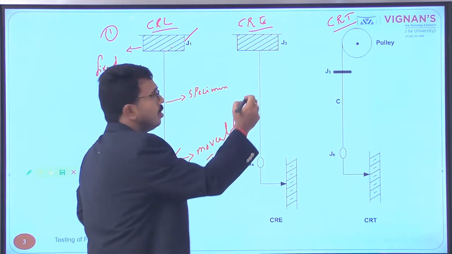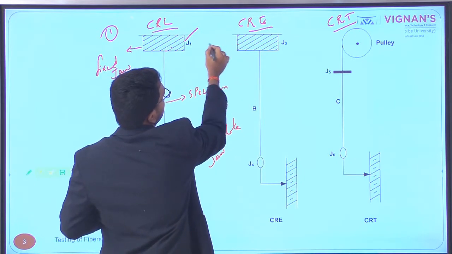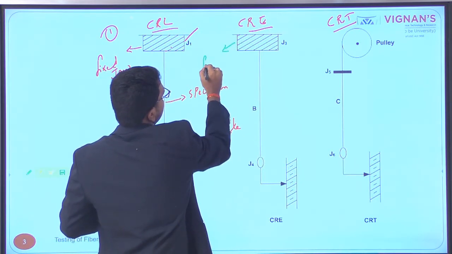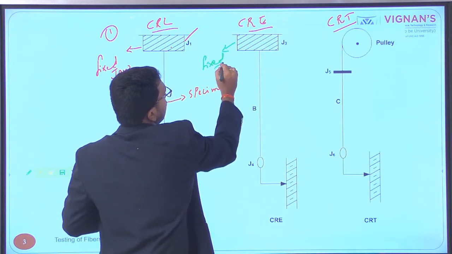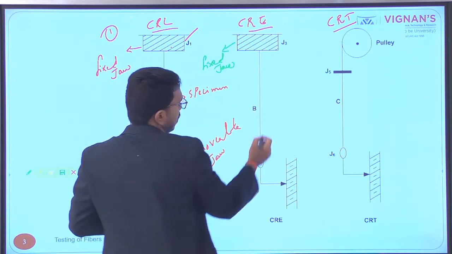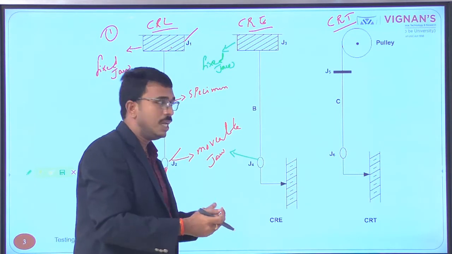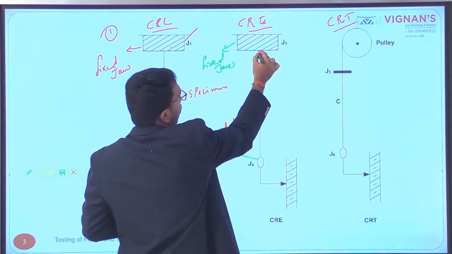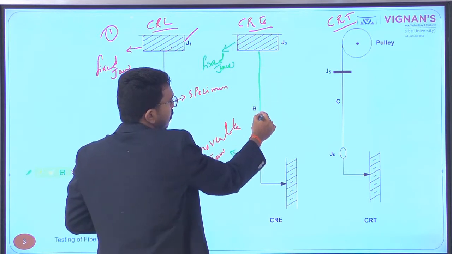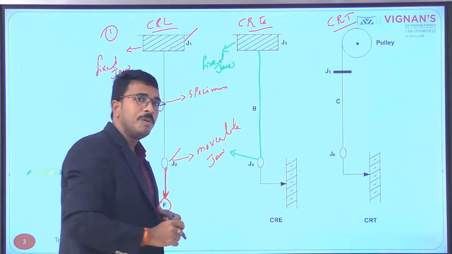So here also, this is the fixed jaw, and this is the movable jaw, and we have mounted the specimen in between the fixed jaw and the movable jaw.